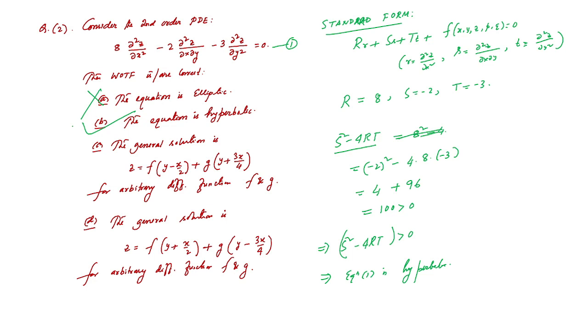Now we will come to the general solution. For the general solution, we will consider D as m and D dash as 1.